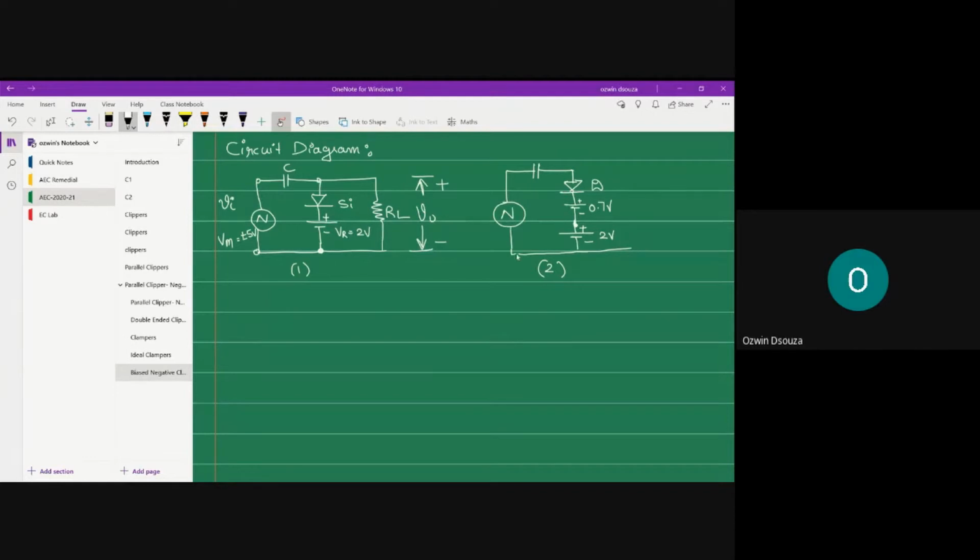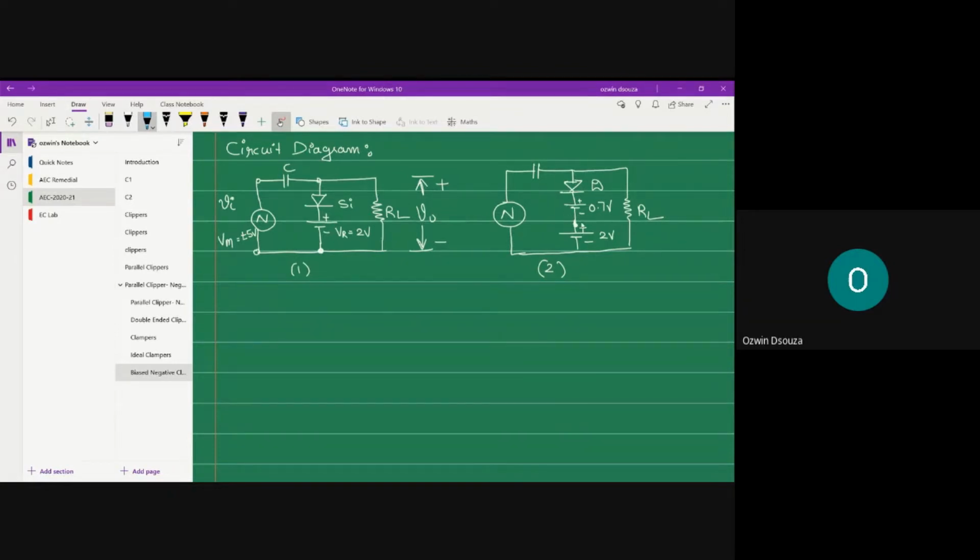And this is your triangular source. This is RL. Now, as you can clearly observe, there are 2 DC sources in the diode leg, right? 2 volt external DC source and 0.7 volt, which is the barrier potential of the diode.